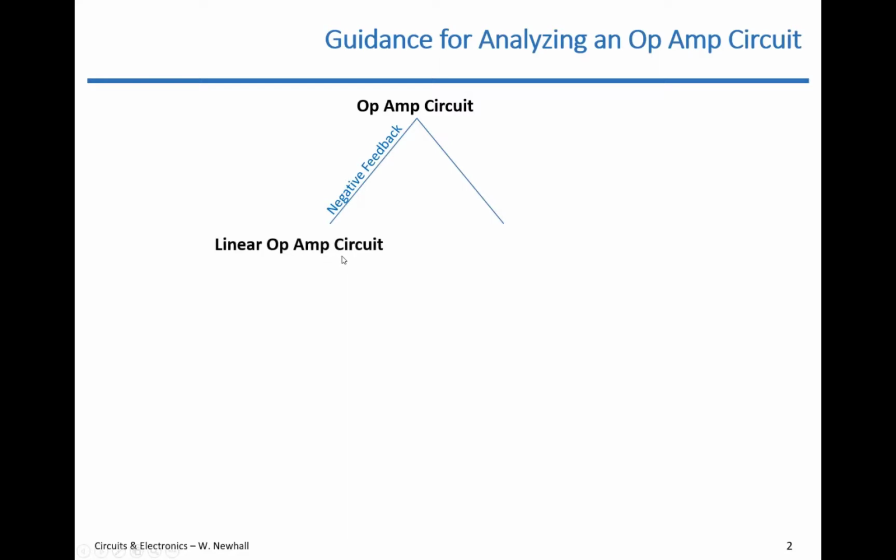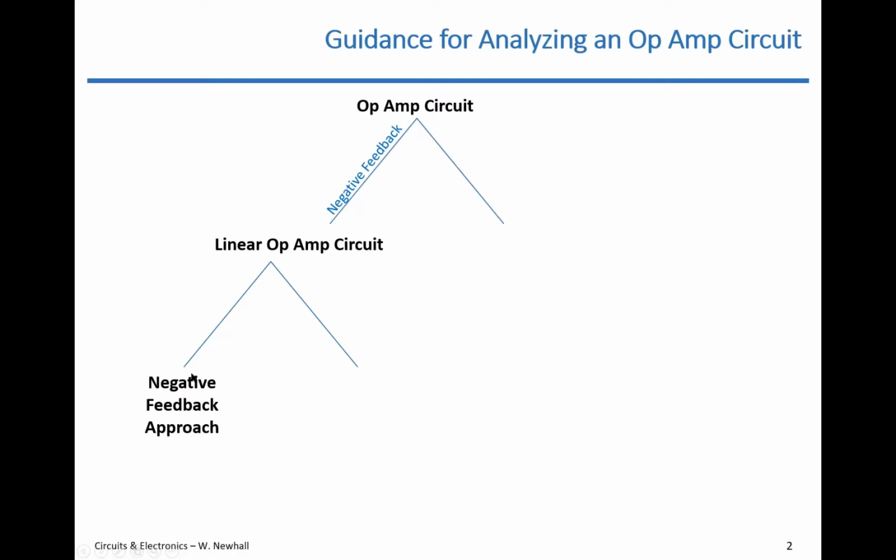Once you have negative feedback, you know you have a linear op amp circuit. It could be an amplifier, an integrator, a differentiator, or a summer, but it's a linear op amp circuit. Then there's another decision to make. If you don't recognize the circuit as a common one you've seen before, you do what we did last time.